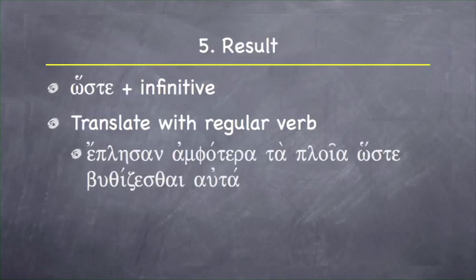And so you have, for example, the verse that said both the boats were filled up, and then you have hoste, and then you have the infinitive buthizesthai and auta. Okay, now auta is in the accusative, and they're referring back to the ploia, back to the boats, with the result that they began to sink.